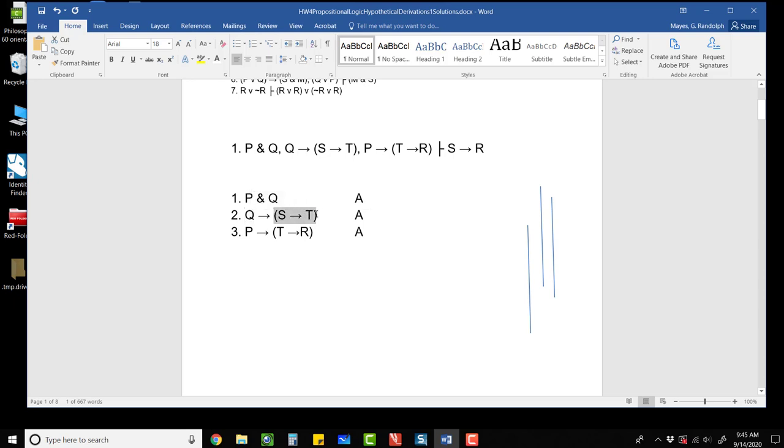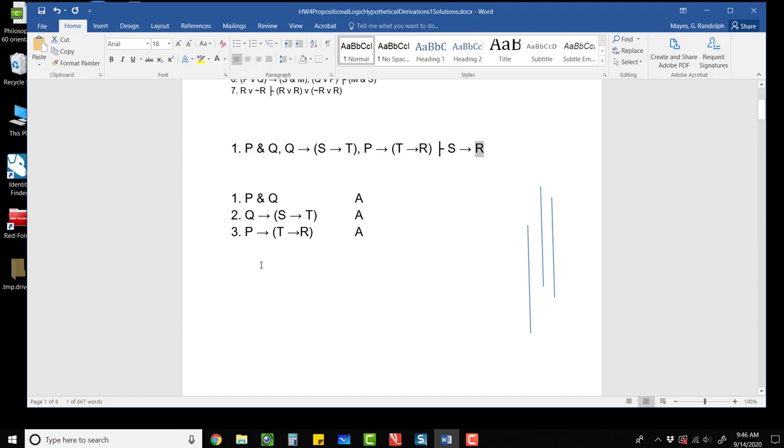So then you would have if S, then T on a line, and you'd have if T, then R on a line. And then you just have a version of a proof we just did, the hypothetical syllogism proof, right? So you just hypothesize S, and you would get R by 2 applications of conditional elimination.